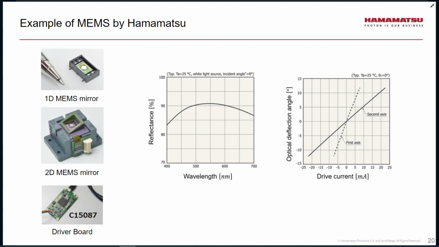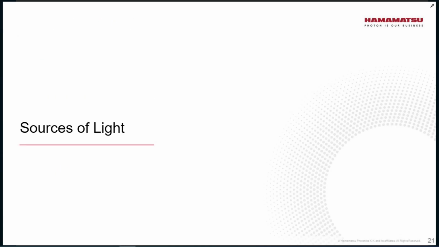And another example from Hamamatsu are the MEMS mirrors in 1 dimension and 2 dimension. And I would like to draw your attention to the plot on the right-hand side, which shows optical deflection angle as a function of, in this case, the drive current, since these mirrors are driven magnetically. And that gives you an idea by what angle one can tilt these mirrors.